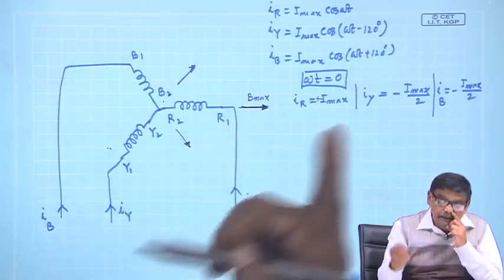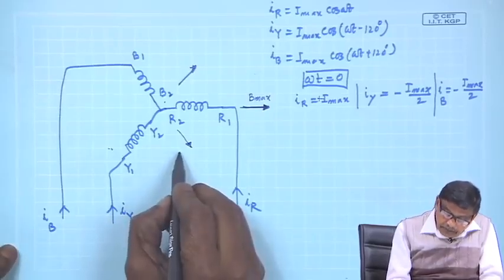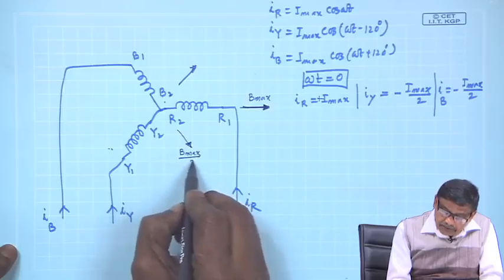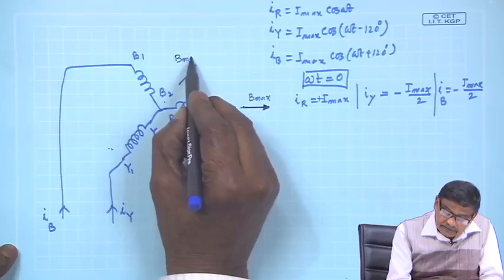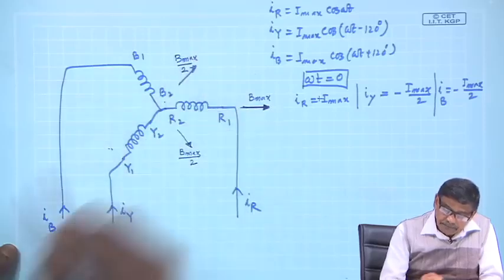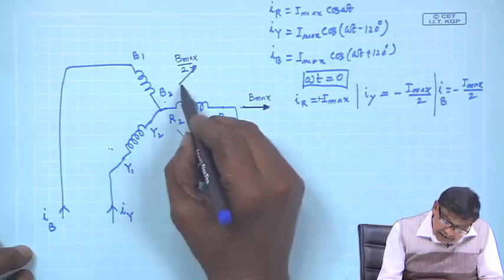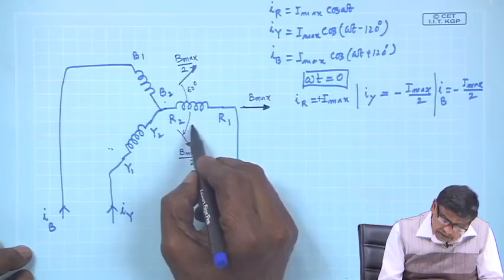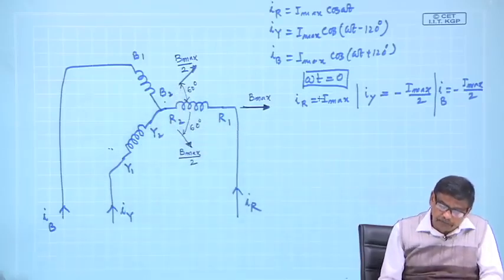For I max it is B max, therefore, it will be B max by 2, and this will also be B max by 2. So, the resultant, and these angles are 60 degree. Mind you, this is all electrical thing we are doing over a pair of poles.